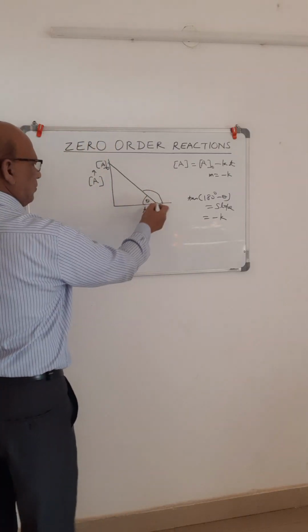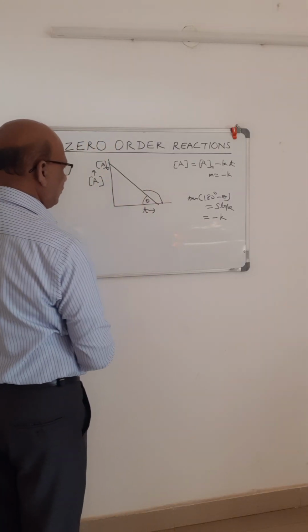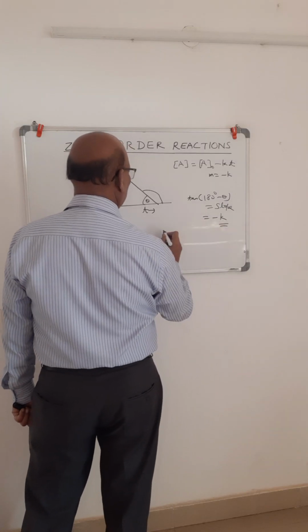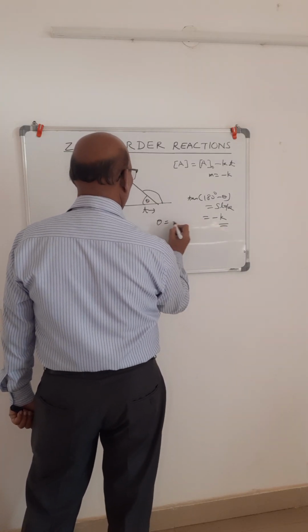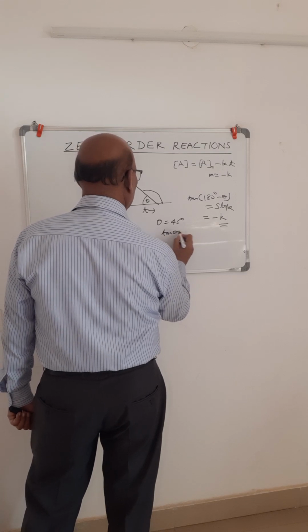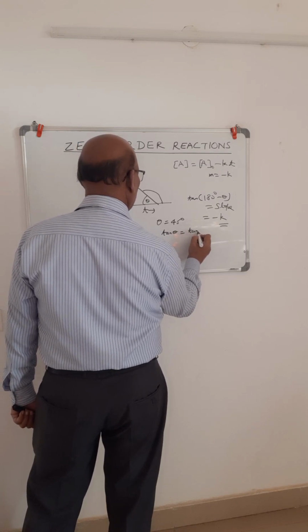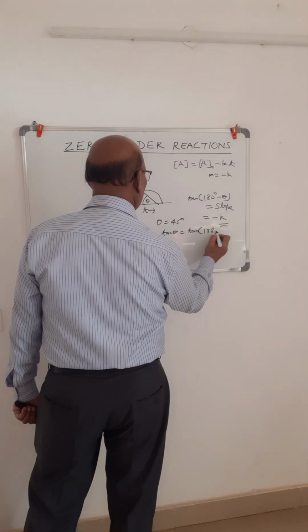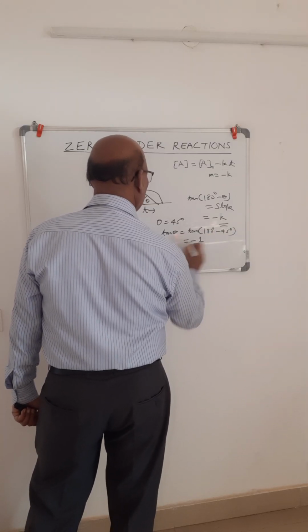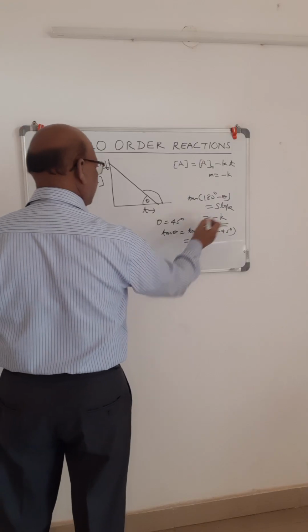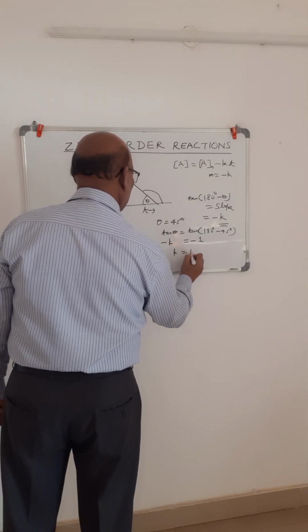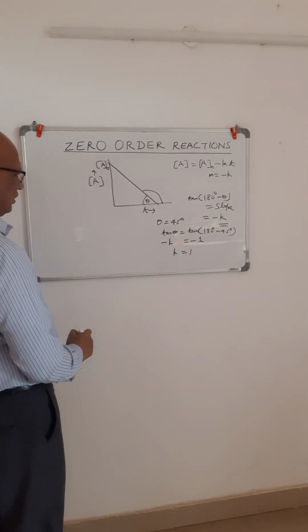So if this angle theta is given to us, we can find the value of rate constant. Suppose theta is 45 degree, then what will be tan of 180 degree minus 45 degree? That will be minus 1. So slope is minus k, so minus k equal to minus 1, so k is 1. So its rate constant is 1.